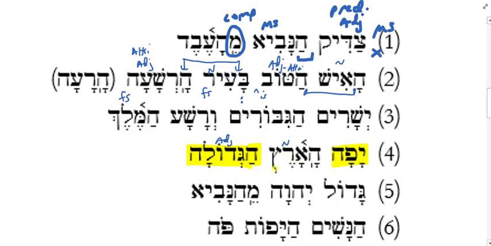Eretz is feminine singular. Gedolah is feminine singular. Ha'aretz ha'gedolah. This is what kind of adjective? Attributive. So I need to translate it in front of eretz, right? The what kind of land? The great land. The great land. Now look at yafa.